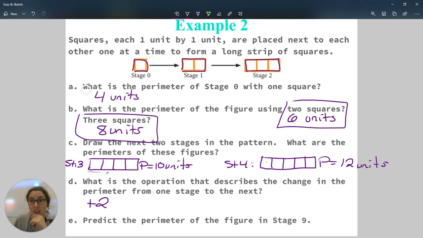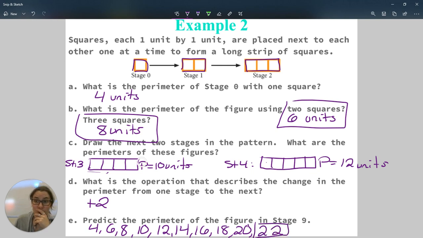We start with stage 0 at 4. Then 6 is stage 1. 8 is 2. 10 is 3. 12 is 4. I'm just going to keep the pattern going. 14 is 5. 16 is 6. 18 is 7. 20 is 8. And stage 9 is going to be 22.